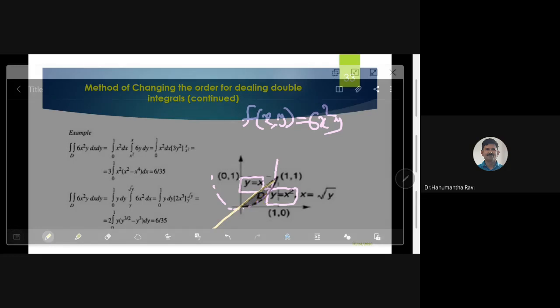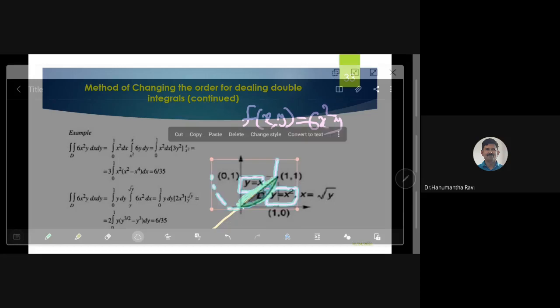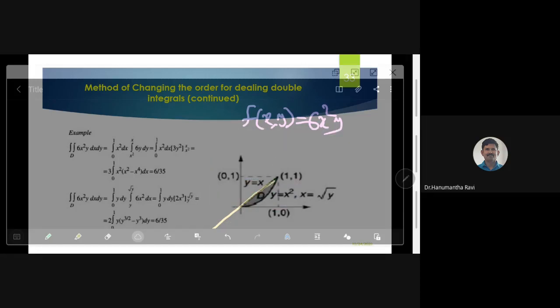So the only choice now is this one. That is our region. Now see how to do integration in both ways.